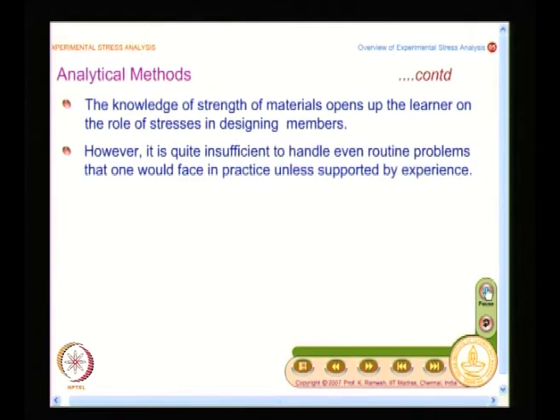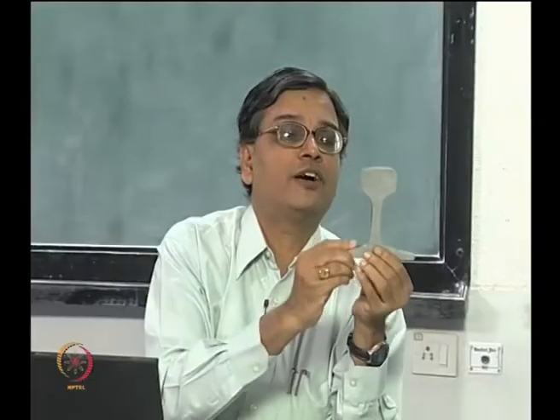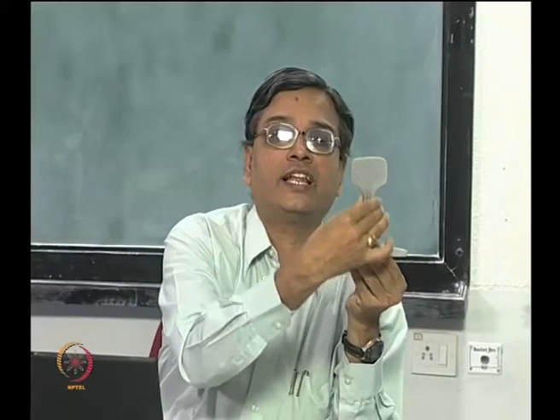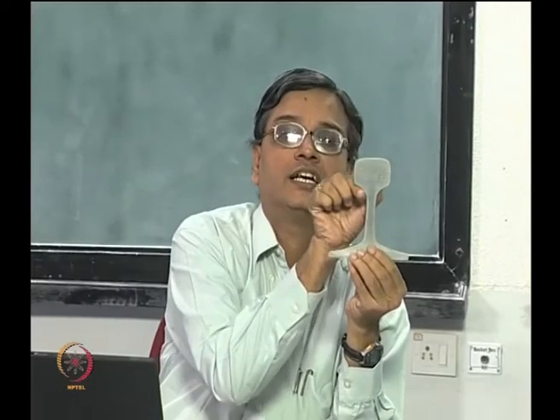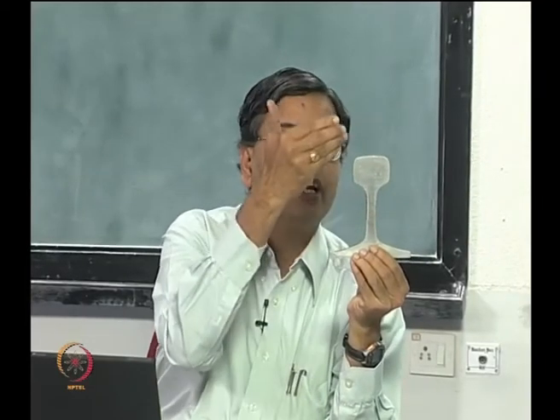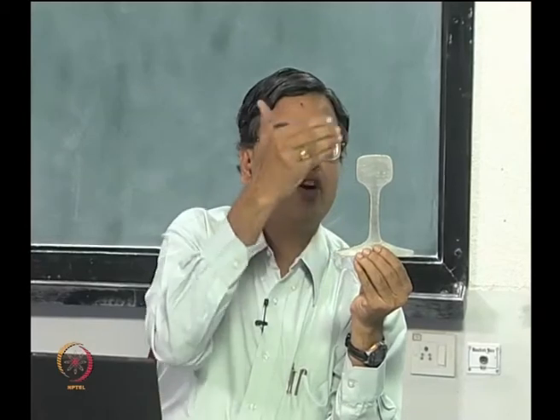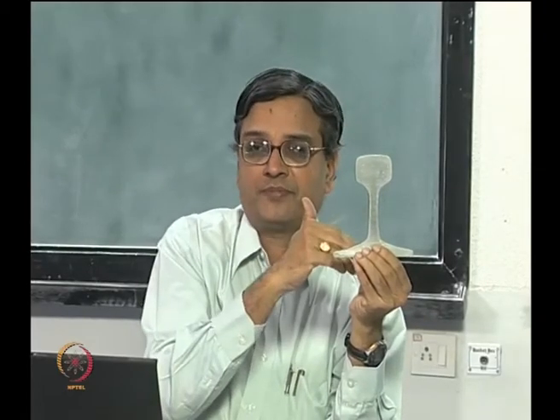So, the knowledge of strength of materials opens up the learner on the role of stresses in designing members, like I have shown you the rail where you have removed the material from the central portion because it takes the load only on the top and bottom fiber maximum.